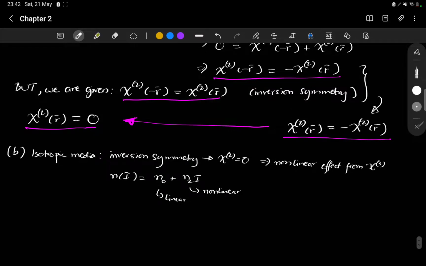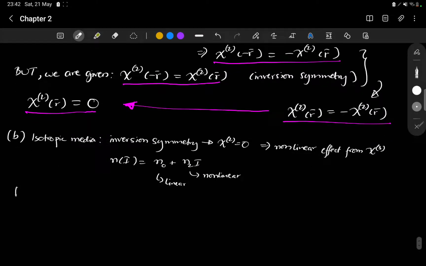So let us write down the expression for polarization. Plus 1 and so forth. Let us consider the first three terms.